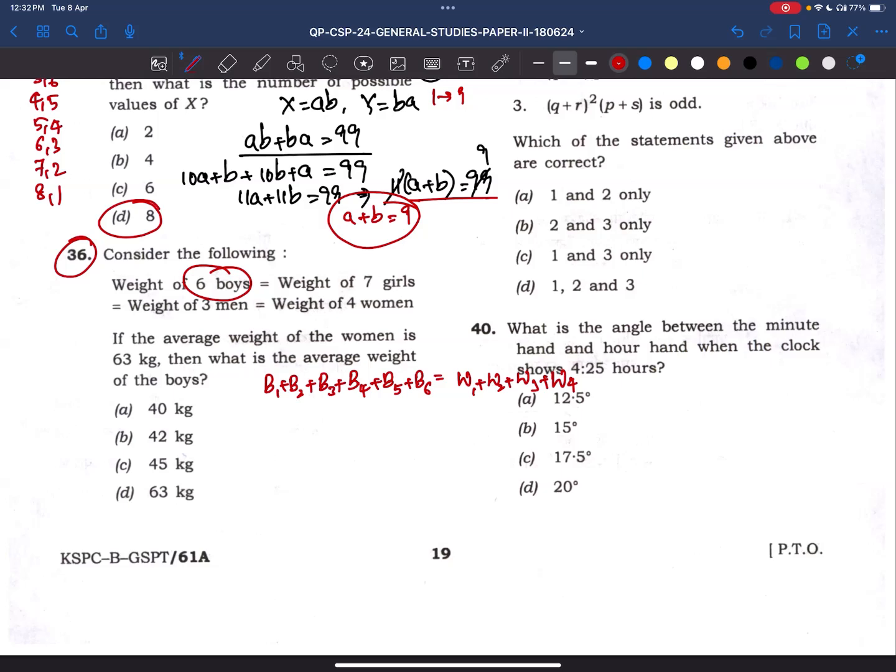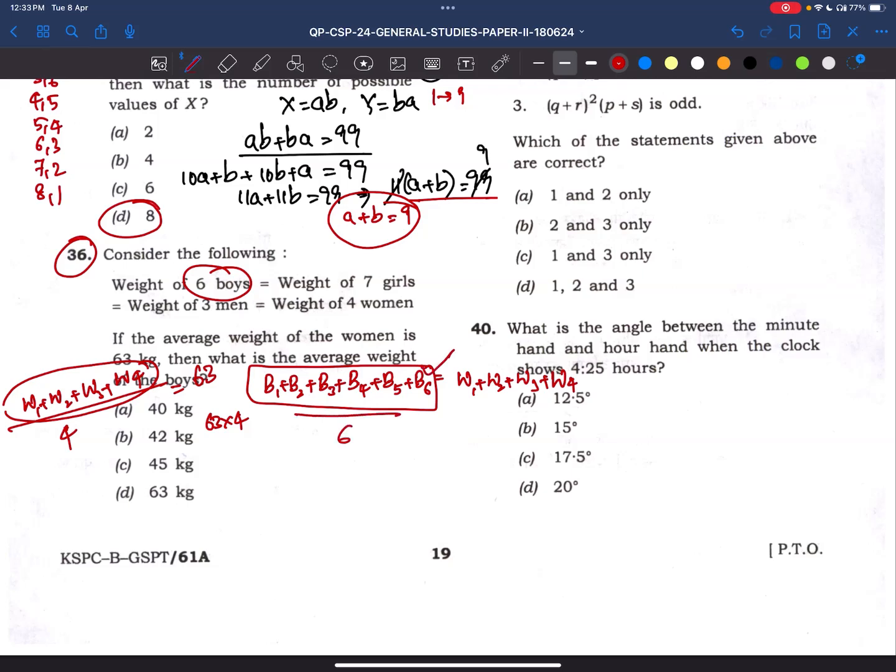Okay, it's telling that the average of 4 women is 63 kg. That means (W1 plus W2 plus W3 plus W4) by 4 is equal to 63. So what is this value? 63 into 4. Now he's asking the average of boys, that means this entire thing by 6.